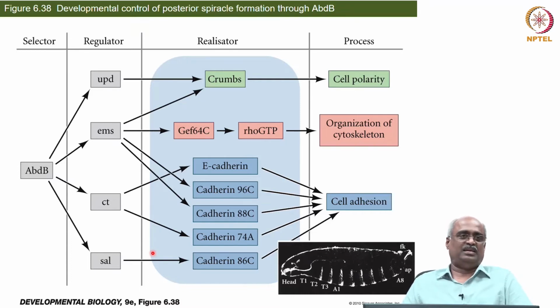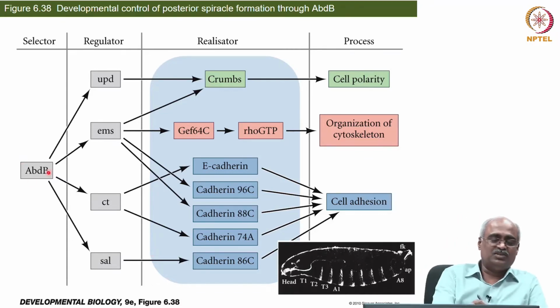It's like a CEO giving commands to managers and directors and vice presidents, and then they go to the factory floor level managers and give instructions to them, and then the managers give instructions to the people who work in the floor, who actually make a machine, for example, in a workshop. So that is the kind of hierarchy that works in making an organ, not just in fly, in any organisms.